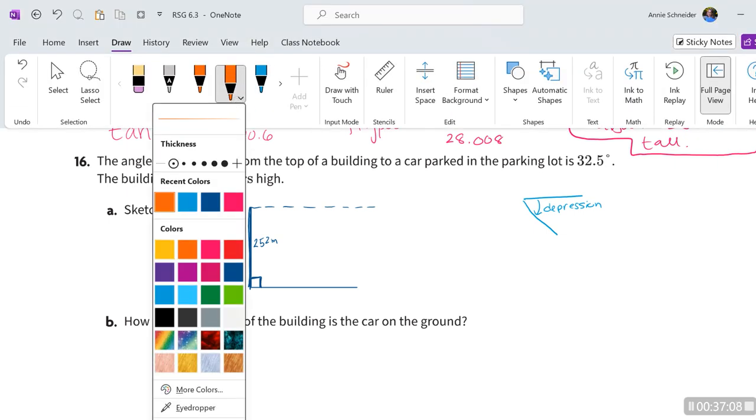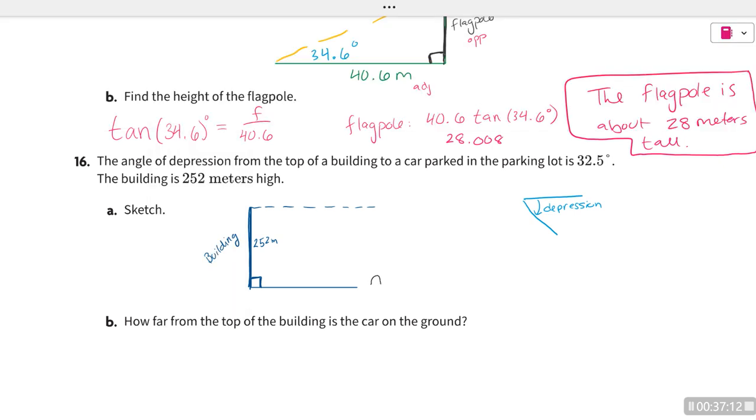But let's draw our parked car. So here's our sort of car. Not my best car drawing, but there's our car. Okay, so the angle of depression from the top of the building to a parked car is 32.5. That's this angle right here, because it's from the top of the building, 32.5 degrees.